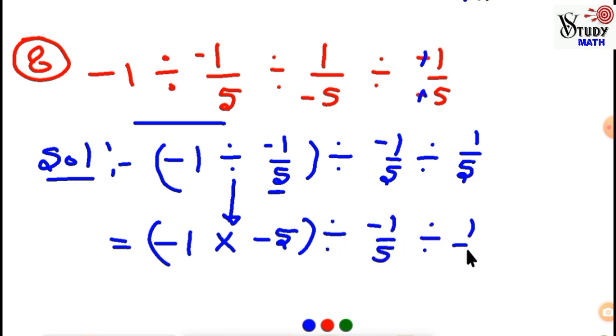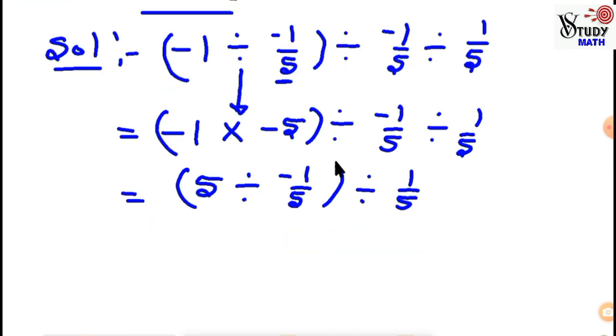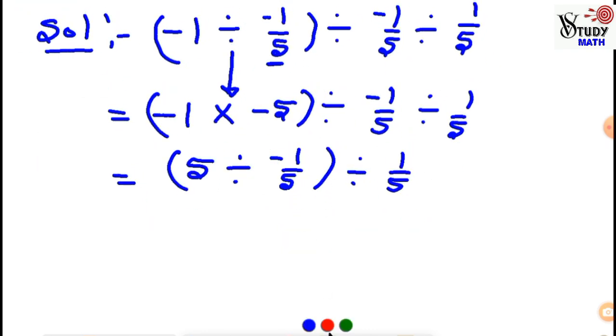Now we have 5 divided by negative 1 by 5, and then negative 1 by 5. Let's do this one. 5, in place of the divide sign we apply the multiply sign and write down the reciprocal of this. The reciprocal of negative 1 by 5 is negative 5, divided by 1 by 5 again.